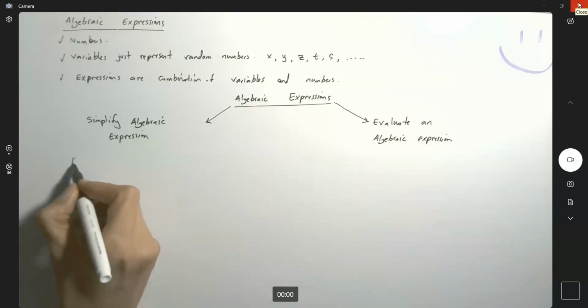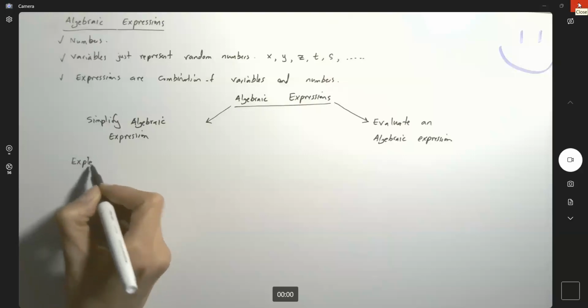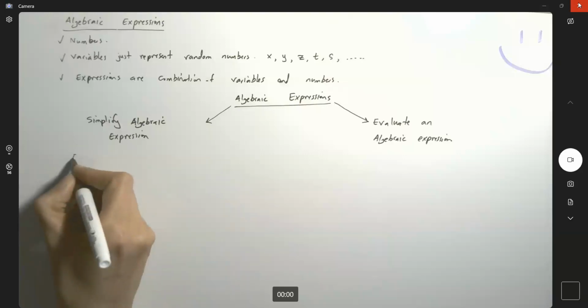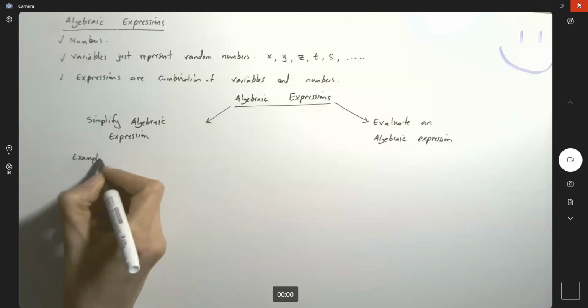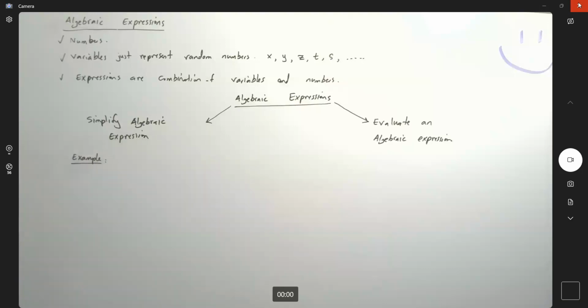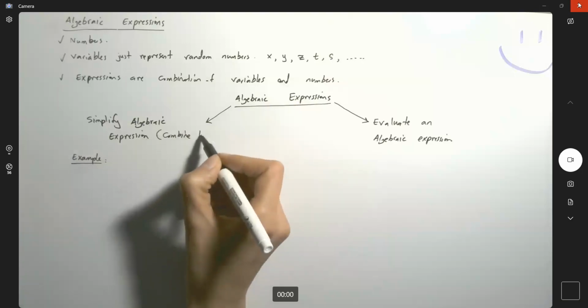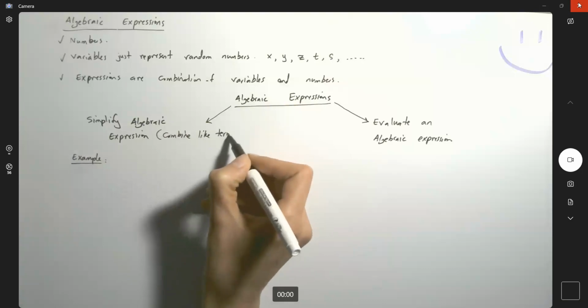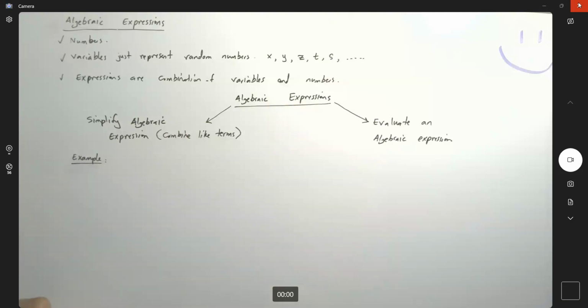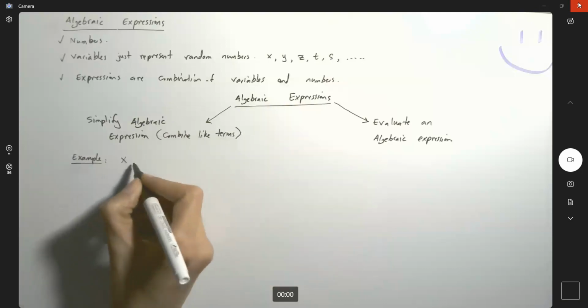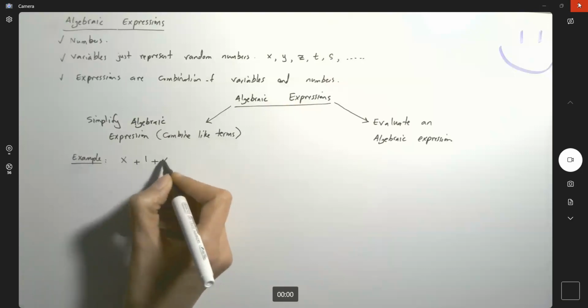For example, when I ask you to simplify an algebraic expression, I basically ask you to combine like terms. For example, suppose I give you x plus 1 plus x.